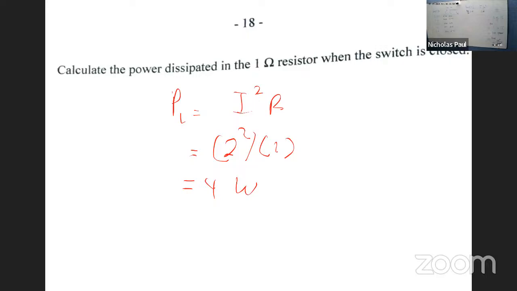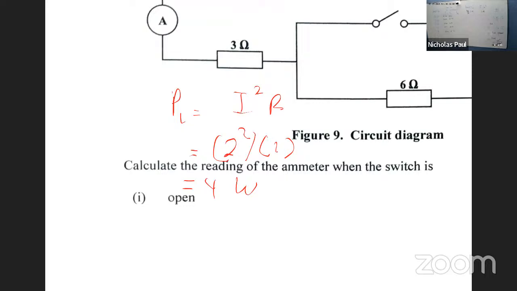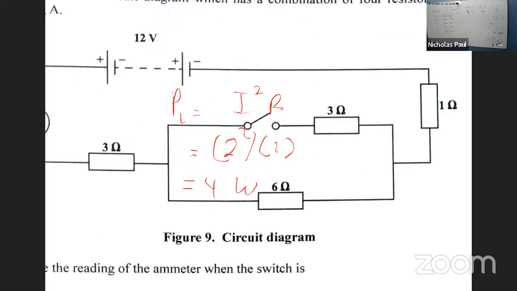Remember when we did this part here, the circuit when it was closed? No, not 1.7.